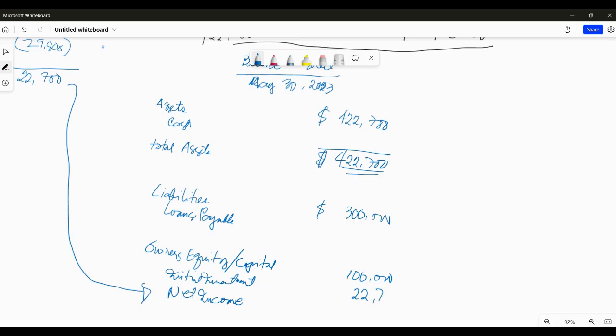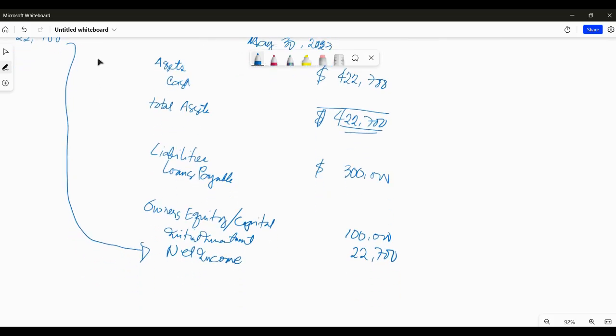So that would be 22,700. Our total capital or owner's equity is 122,700.